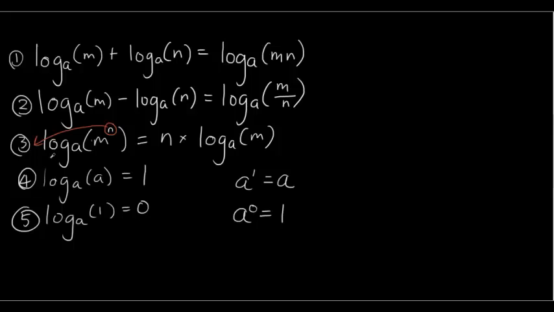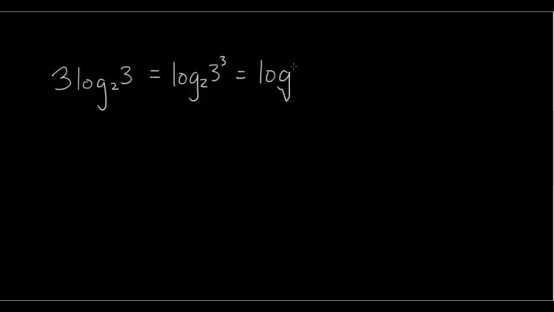So using log rule number 3, let's just do a single one. So 3 log base 2 of 3 equals log base 2 of 3 to the power of 3, which is log base 2 of 27.